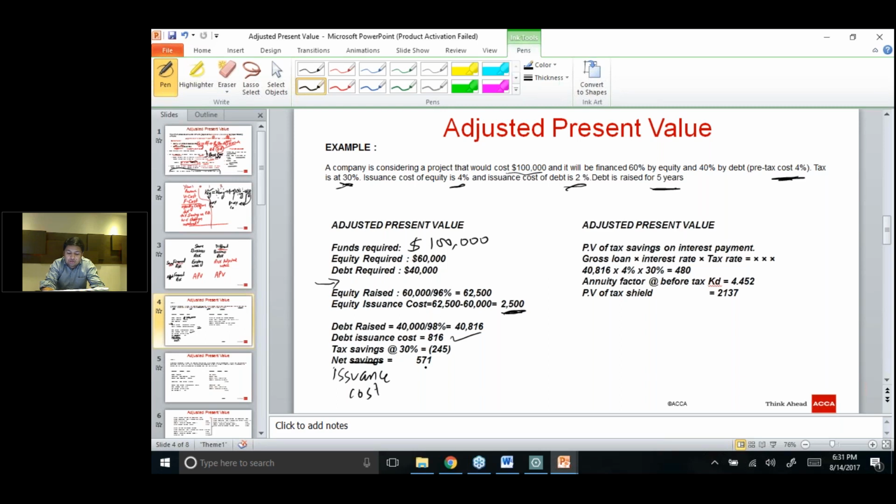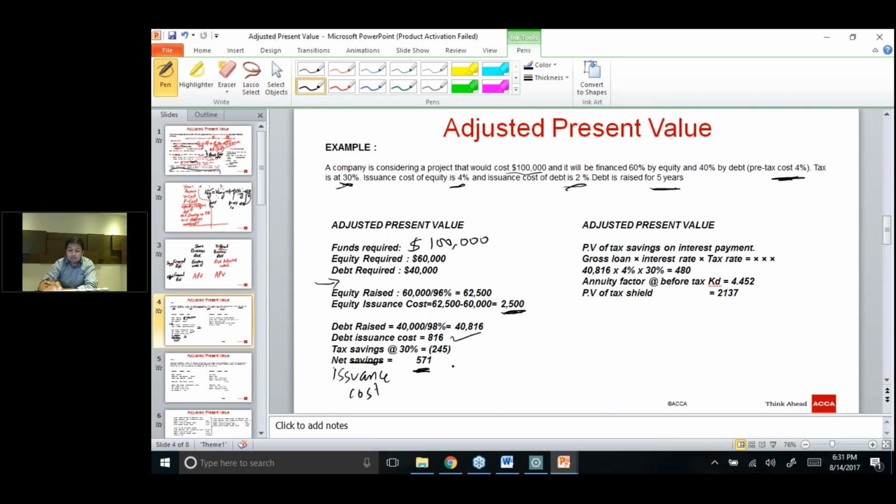The issuance cost was $816, but the tax saving is 30% of this value, that is $245, and the net issuance cost is equal to $571.